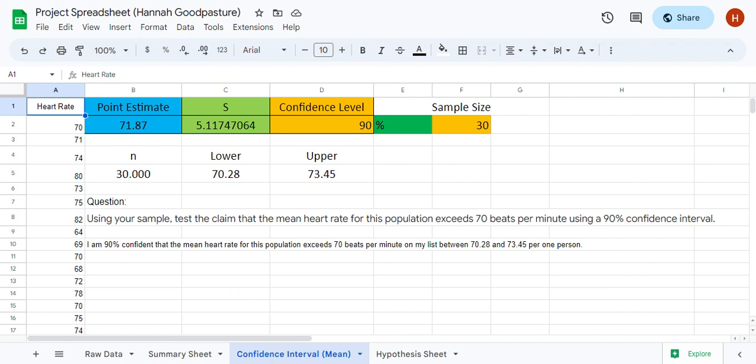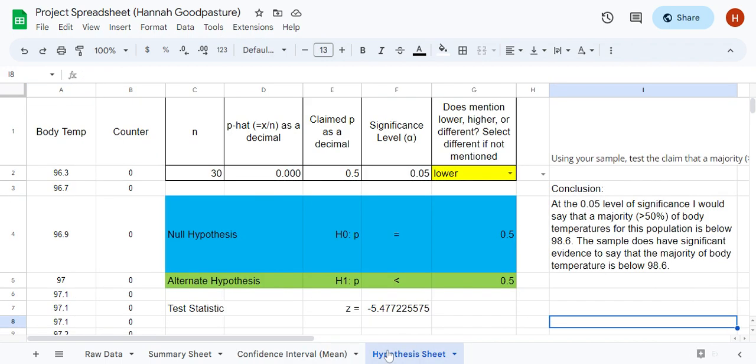The sample size, or N, is 30, and the lower is 70.28, and the upper is 73.45. So, in conclusion, I am 90% confident that the mean heart rate for this population exceeds 70 beats per minute, on my list between 70.28 and 73.45 per one person.